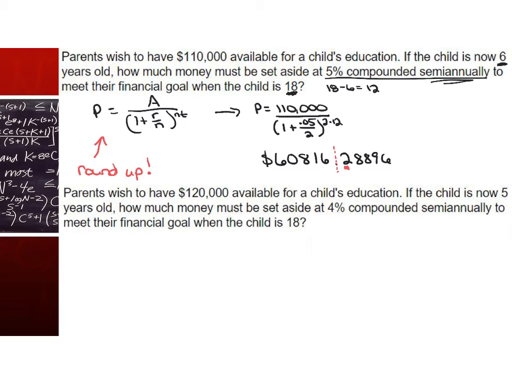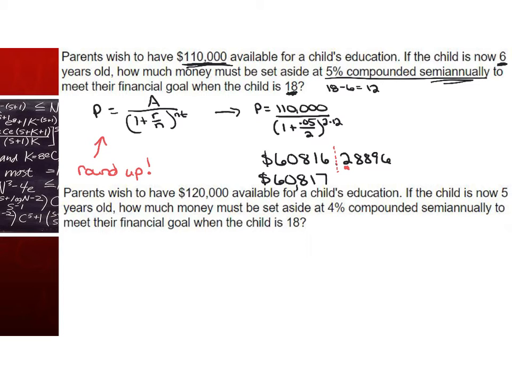But when it says round up, I always round up, even if it's lower than a 2. So it's $60,817. Because if I would round down to $60,816, over those 12 years I wouldn't end up at that $110,000. I would be short of that amount of money.